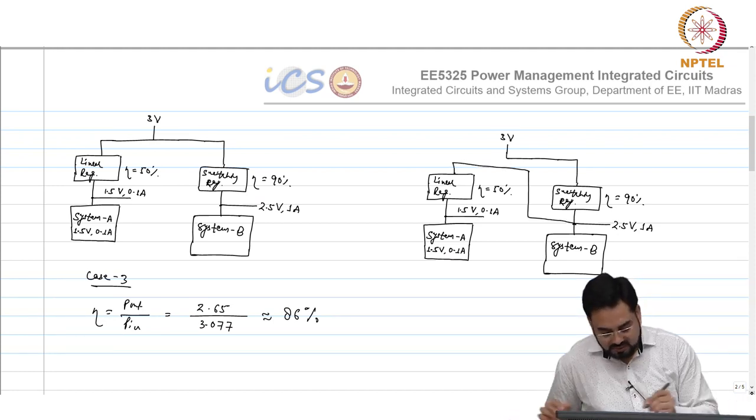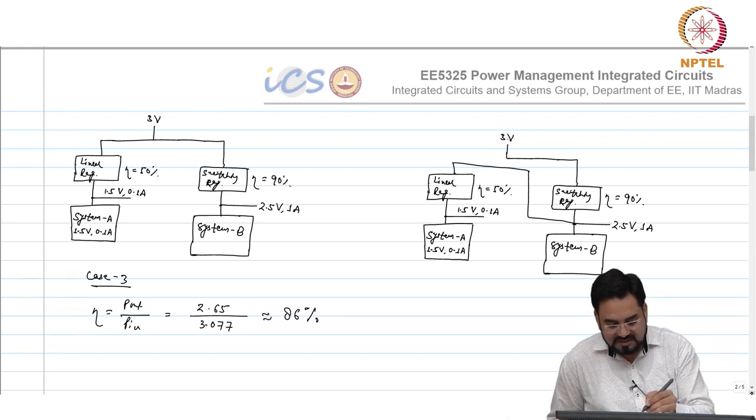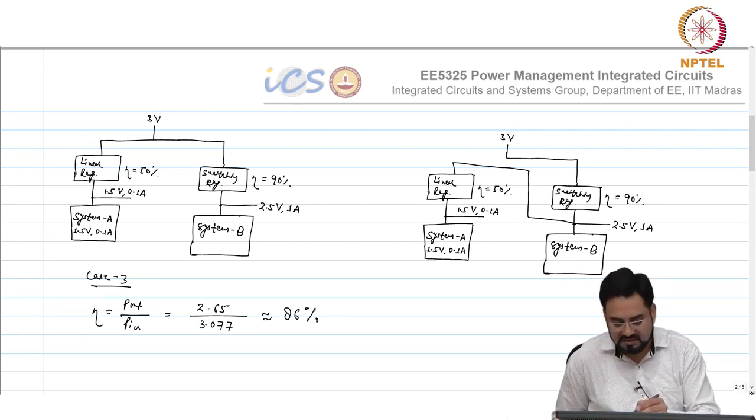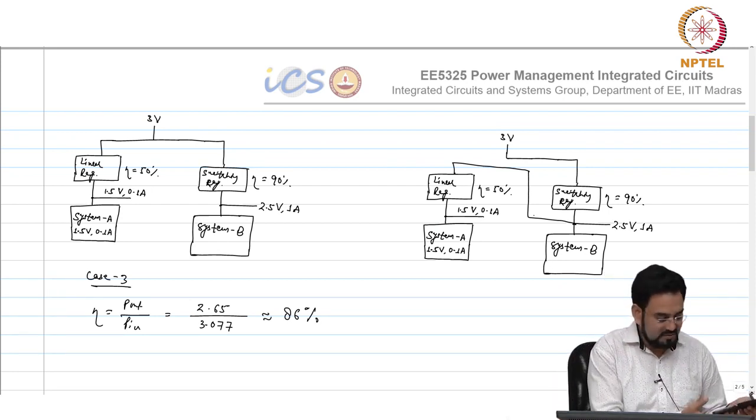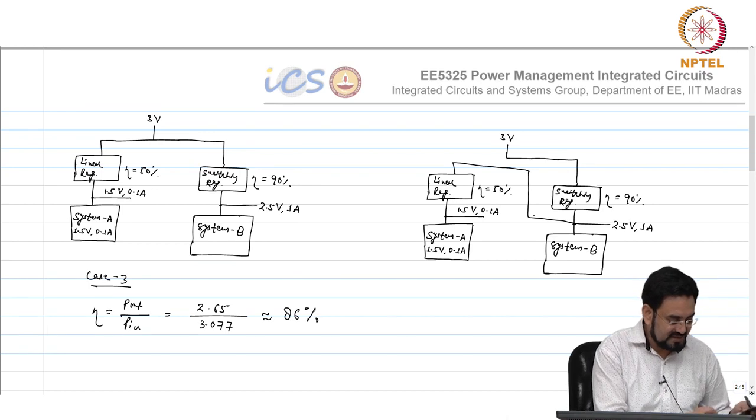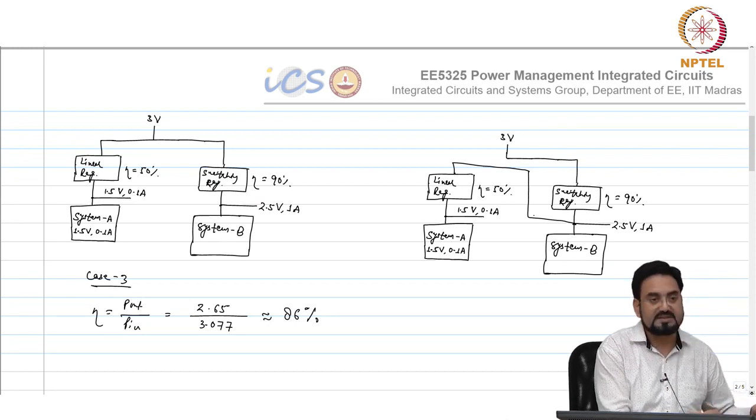Instead of supplying 3 volt directly to the linear regulator, I can give the input from 2.5 volt, which is generated from the switching regulator. So what would happen? Now the dropout voltage is reduced to 1 volt. So efficiency will be 1.5 divided by 2.5, which is 60%.